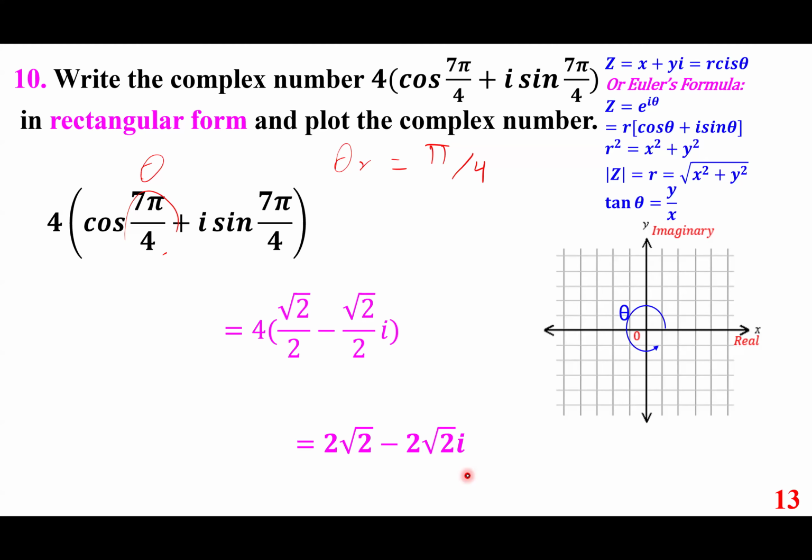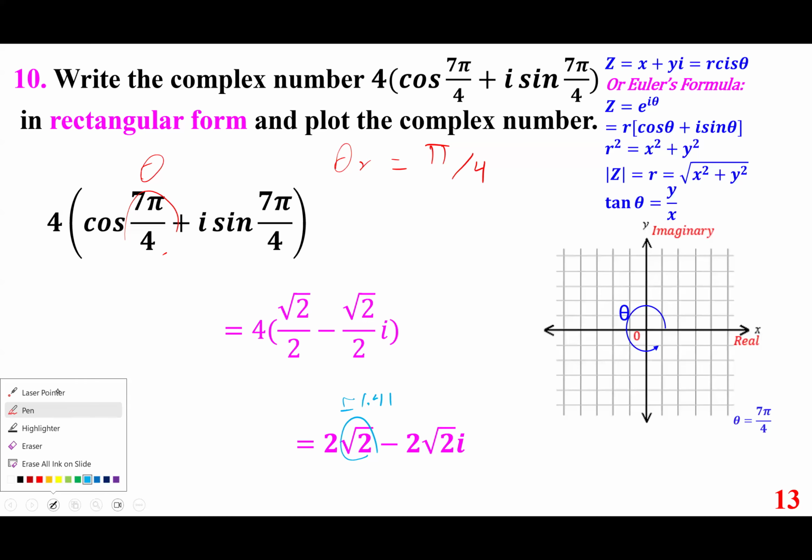7 pi over 4. 2 square root of 2. The square root of 2 is about 1.41, roughly. So 2 times that is about 2.8.